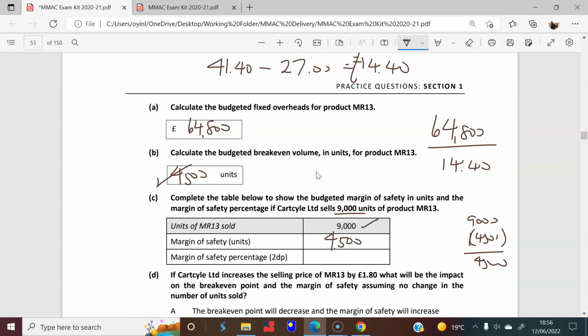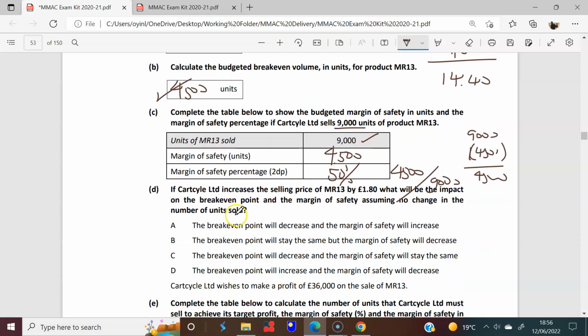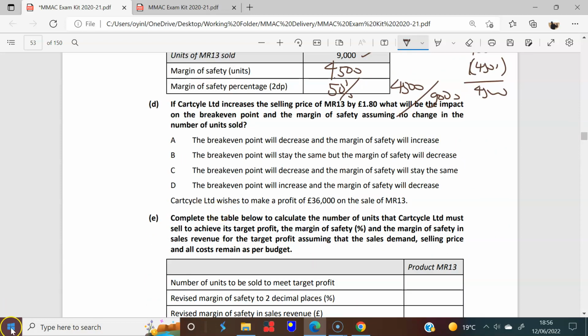Now remember, you're falling from the point in terms of how many units you intend to sell. So your margin of safety is 4,500 divided by 9,000, because that's where you're falling from. The margin of safety is always based from the point of sale, right? So the 4,500 gives you a 50% margin of safety.